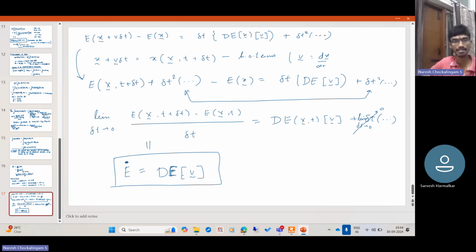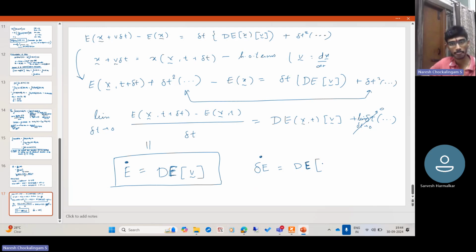So E dot is the Green-Lagrange strain rate, that is equal to the directional derivative of E in the direction of the velocity field. What is del E dot? Del E dot is the virtual Green-Lagrange strain rate. That is the directional derivative of E in the direction of the virtual velocity, there's no del here because remember del is not a differential operator, although it works like a differential operator most of the time, it's actually a difference. It is some kind of a difference.